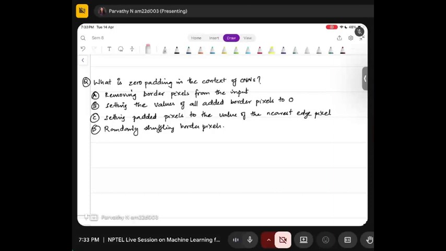Check. So this is setting the values of all added border pixels to zero. So zero padding will add a border of zero value pixels around the input image. So you can control the size of the output that you want. This is one of the reasons why we use zero padding.